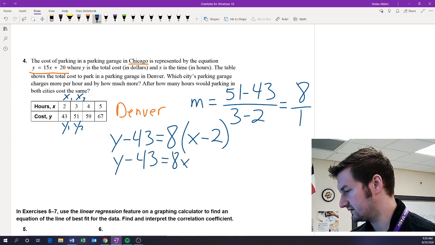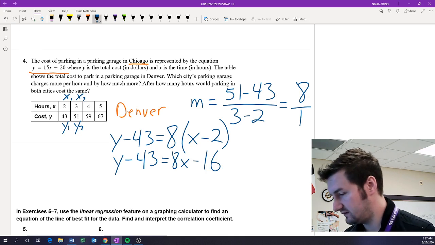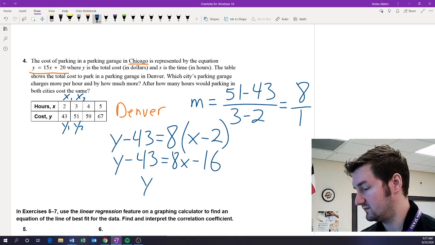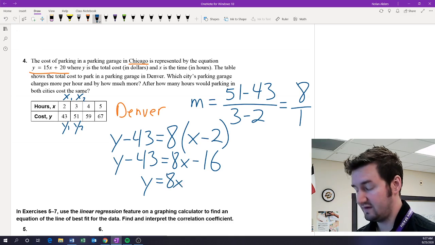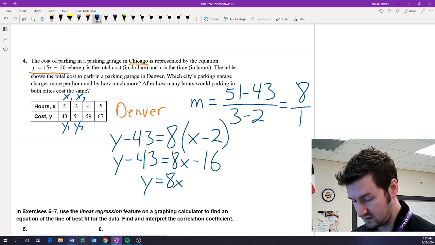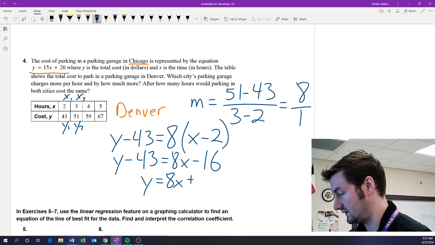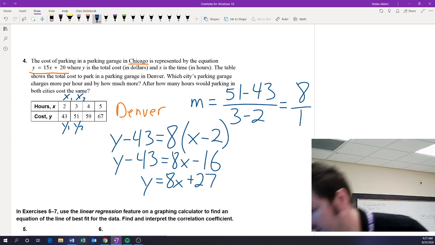So we'll have 8x minus 16. And then let's go ahead and add the 43 over. Okay, so we'll have y equals 8x, and then we'll have negative 16 plus 43. And so we'll get 27. All right, so now we're in slope-intercept form.